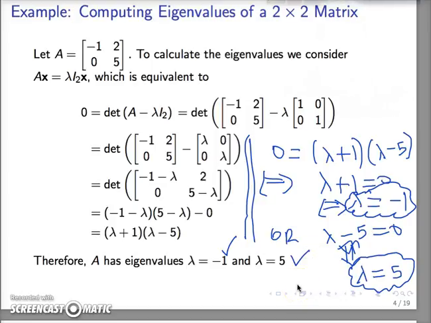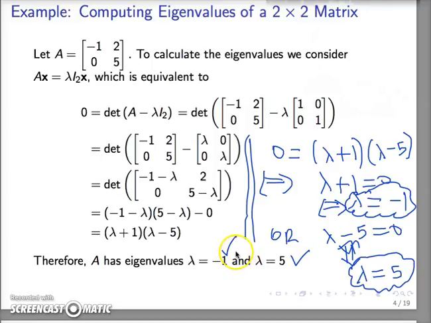Okay, that's how we arrive at specific values of lambda. We started by assuming that 0 is equal to the determinant of A minus lambda I. This is a direct connection to the definition of singularity. If the matrix A minus lambda I is singular, then the determinant of that matrix is 0.